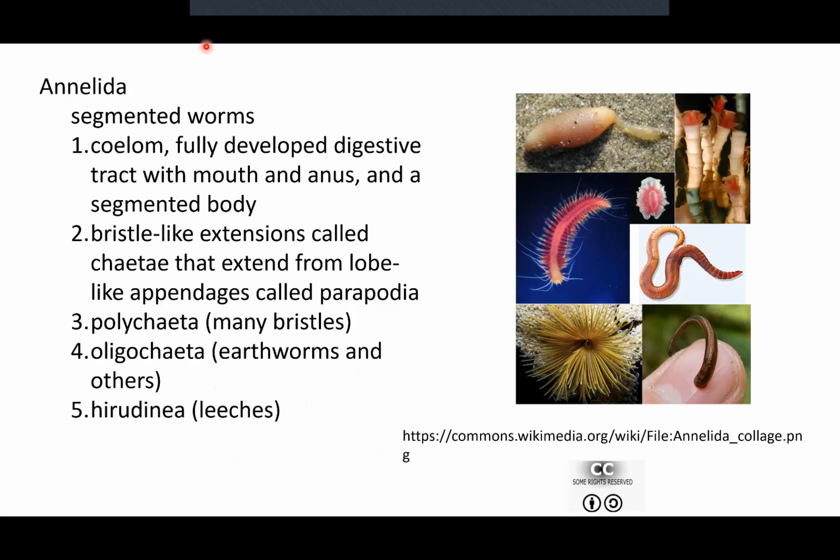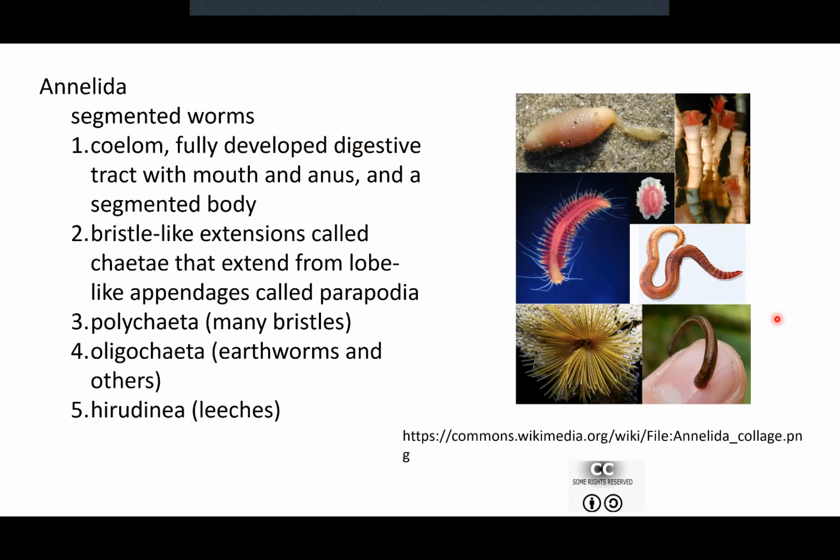Next are the annelids, the segmented worms. So they do have a coelom. They have a fully developed digestive tract with a mouth and an anus. And they have a segmented body. So you can see we have an earthworm here.